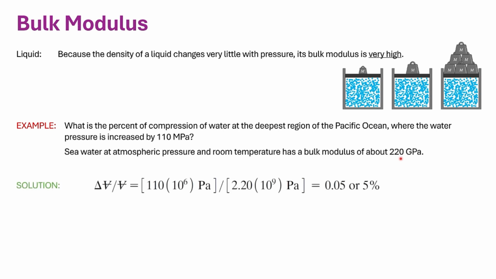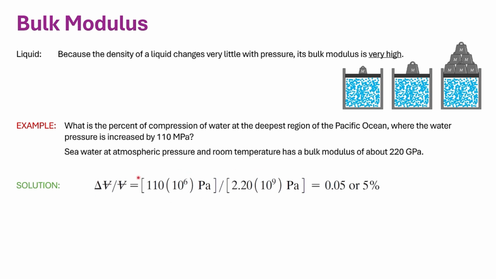So we have to use the formula from the previous slide, and if we rearrange that and isolate dV over V on the left side and the other values on the right side, we get the change in pressure, which the question mentioned is 110 megapascals, divided by bulk modulus.